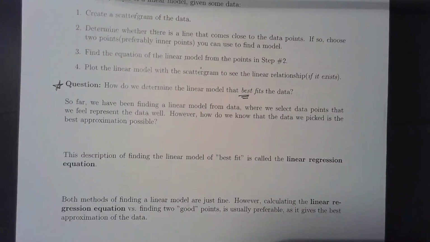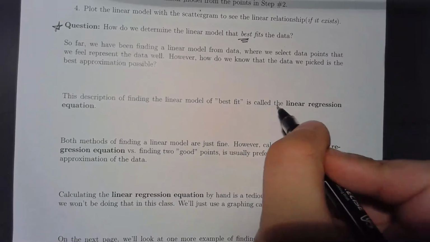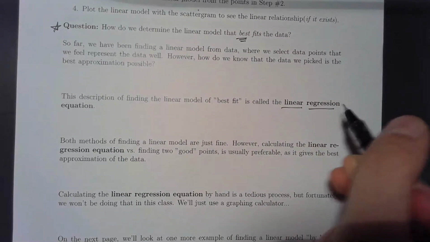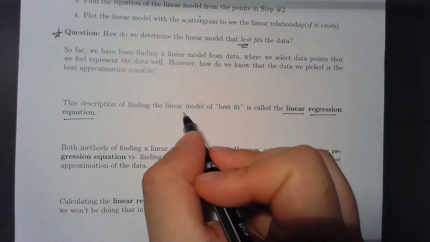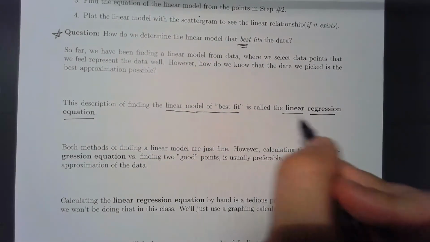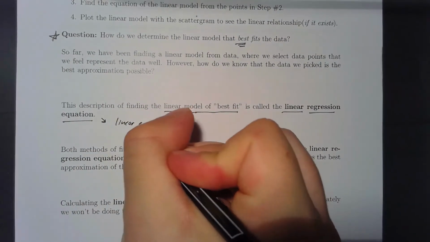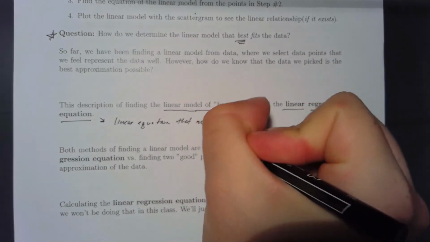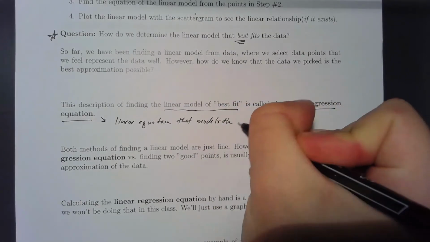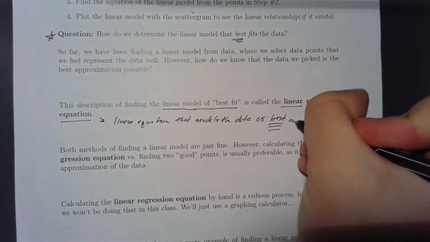Well, the linear model that best fits the data is called the linear regression equation, or the line of best fit. That's the linear equation that models the data as best as possible.